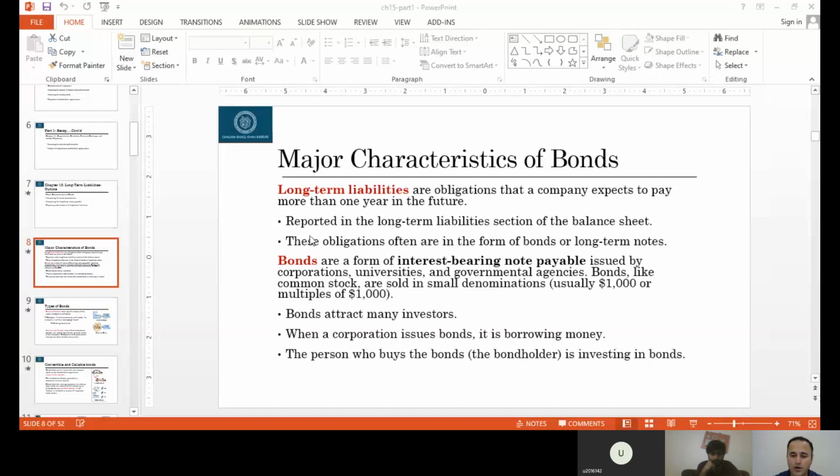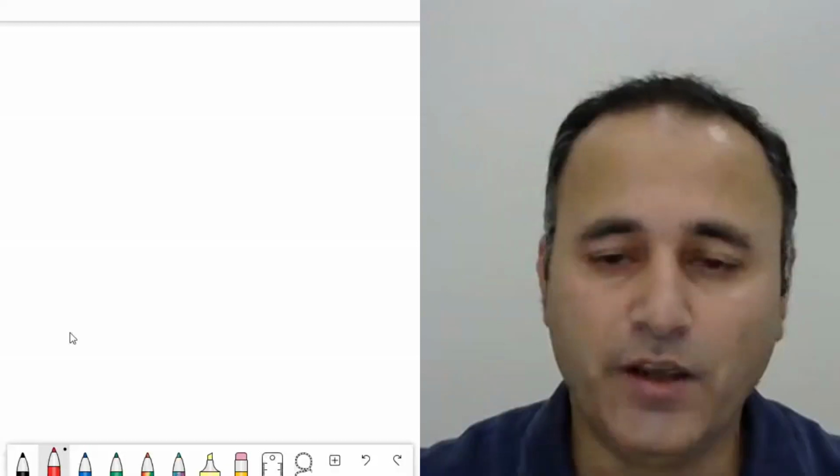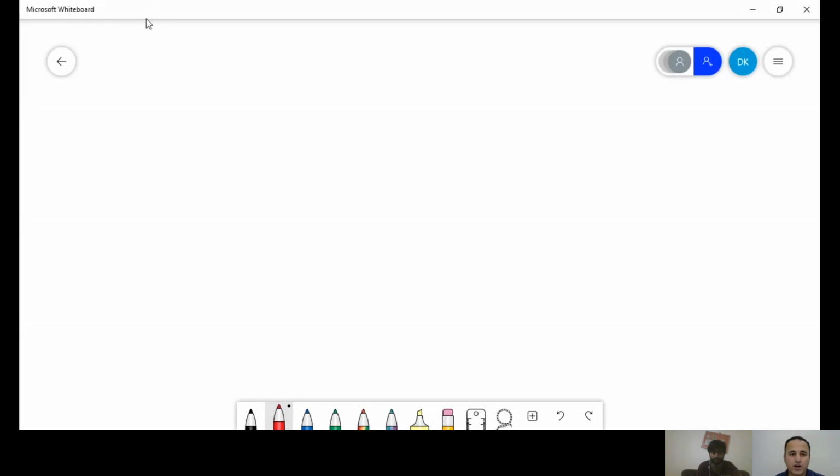So there are two types of bonds. Let me share my whiteboard with you. Okay, so one is called zero coupon, and the other one is non-zero coupon.